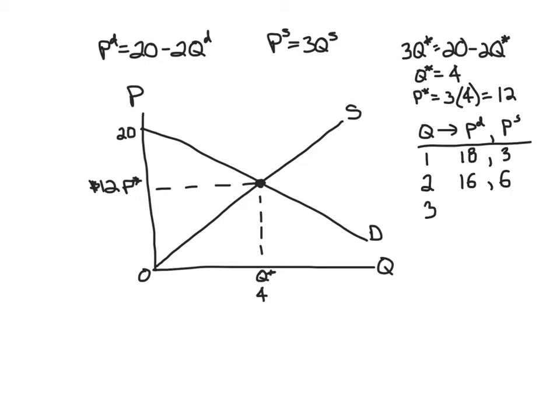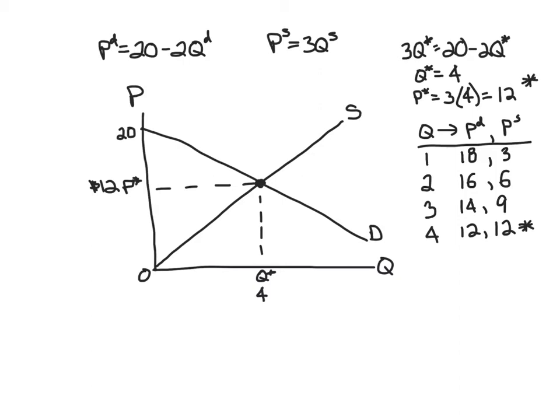If we plug in 3, the demand curve spits out 14, and the supply curve spits out 9. And if we plug in 4, the demand curve spits out 12, and the supply curve also spits out 12. So we have found our equilibrium, confirming the math we had done up here.